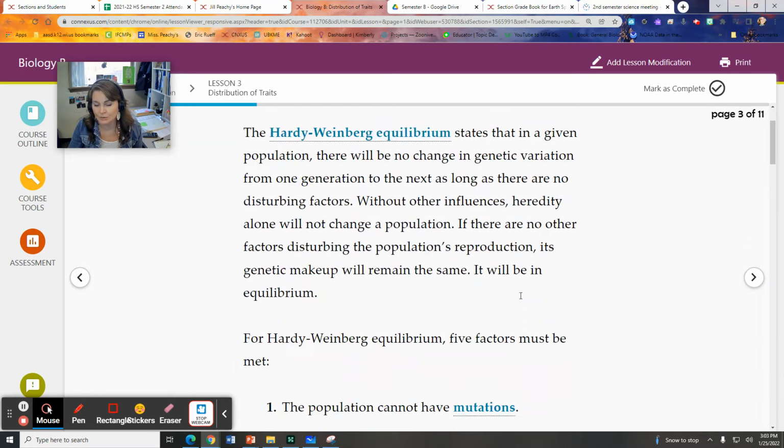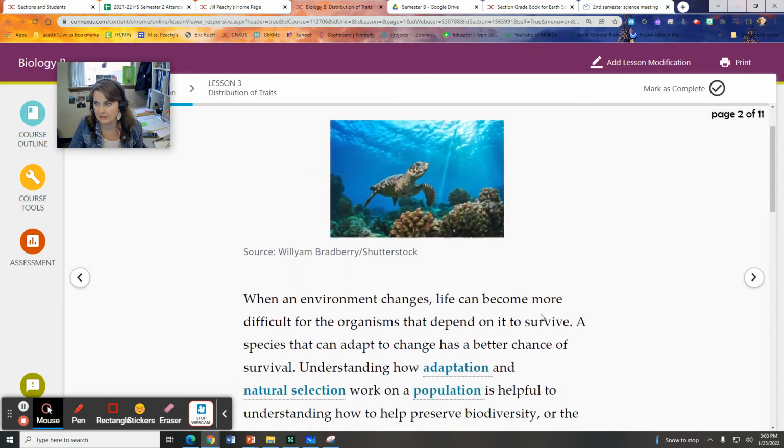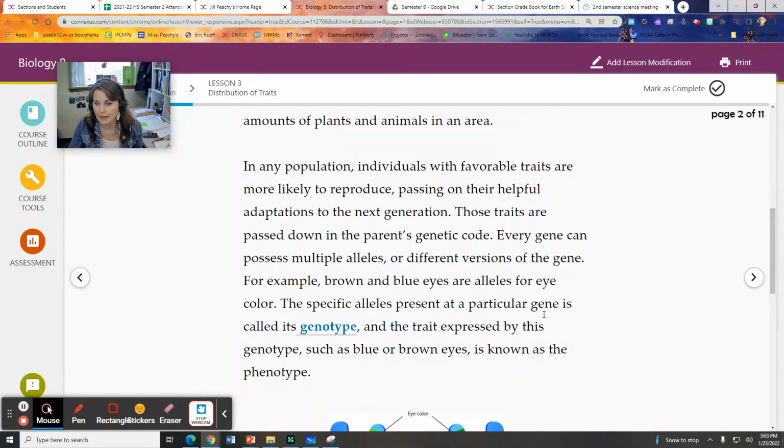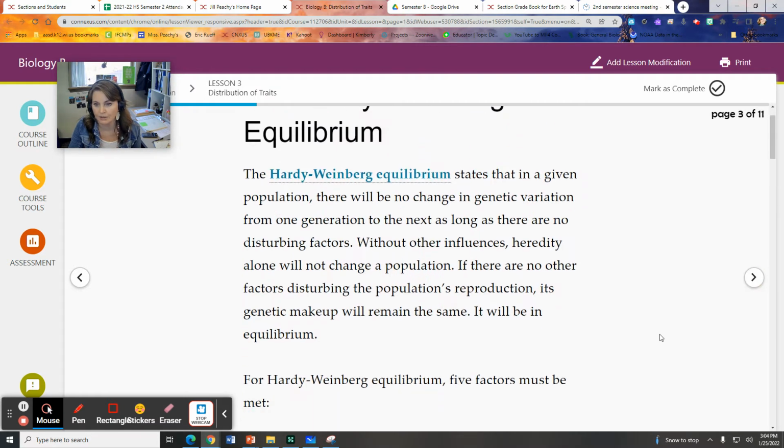And this was put into a mathematical equation, what's known as the Hardy-Weinberg equation. It talks about this at the bottom of slide 2. It says here that one of the first formulas for analyzing evolution in a population was developed in 1903 by Wilhelm Weinberg and Godfrey Hardy, and the equation is known as the Hardy-Weinberg equation, which we'll talk about.